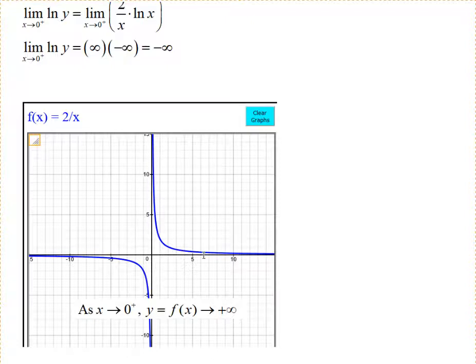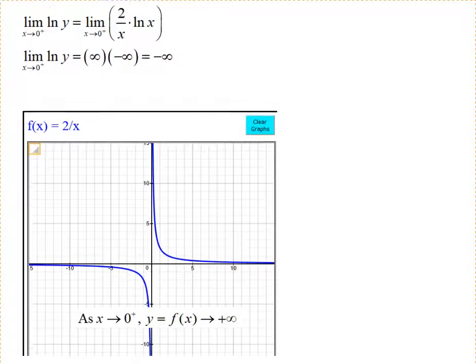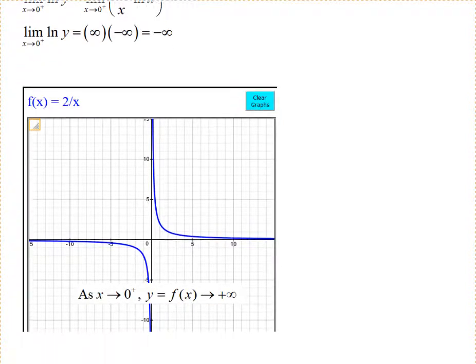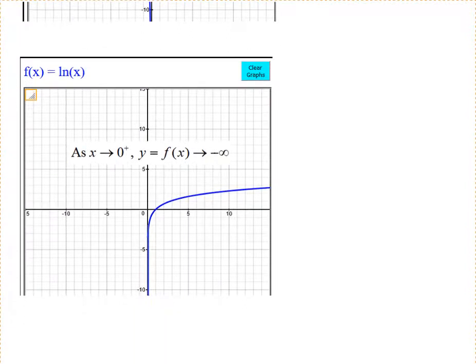So as x approaches 0 from the right, the y, or the f of x, will go up infinitely, or will go to infinity. So as x approaches 0, 2 over x will approach infinity. And then ln of x, we could also look at the graph of ln of x.